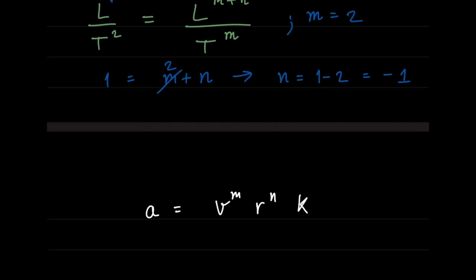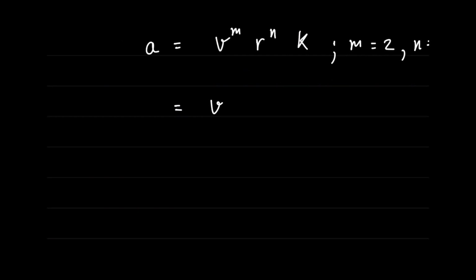Now we can conclude the equation of acceleration, because we know that m equals 2 and n is minus 1. And the answer is k v squared over r.